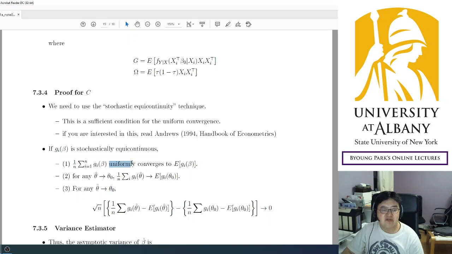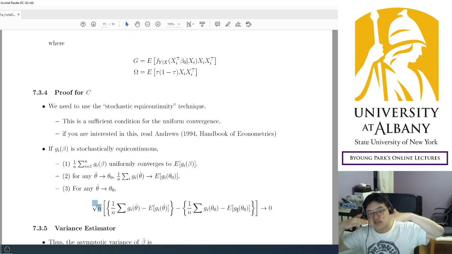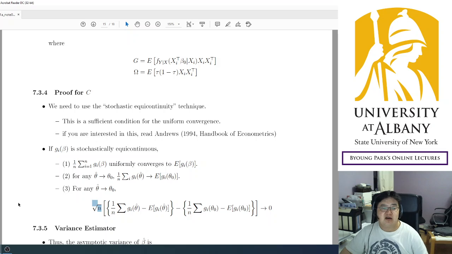However, uniform convergence is just one result, so this is only sufficient for uniform convergence. This is actually stronger than uniform convergence because it has to be 0 even if you multiply by square root of n. Even if you multiply by a large number, the difference must still be negligible. So it's a stronger assumption than uniform convergence.